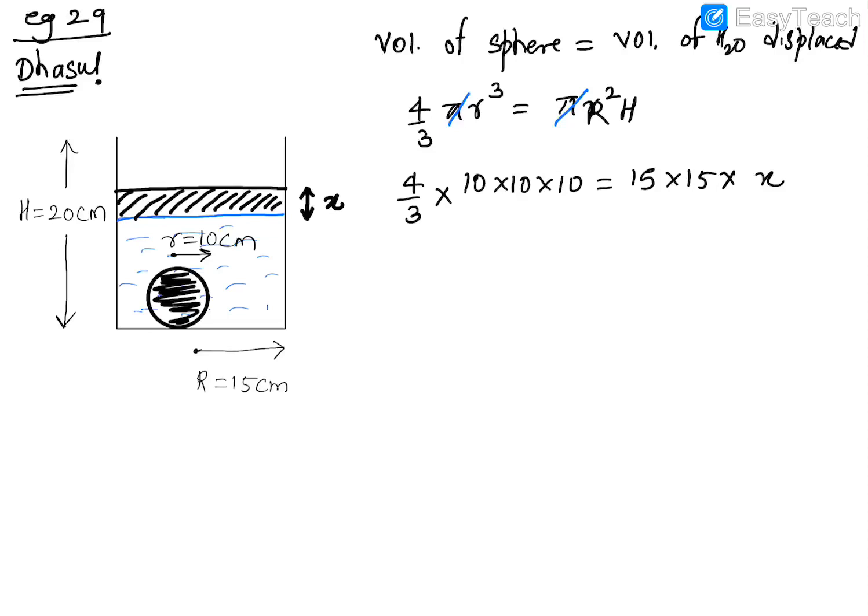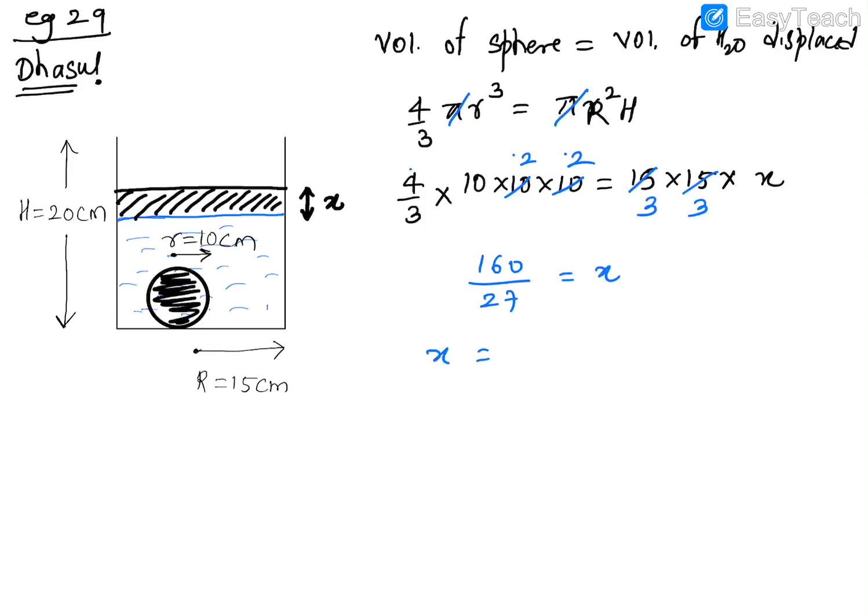So now what we can do is cancel, what we can reduce here. Now we can reduce 15. Okay, we can cancel: 5 3s are 15, 5 2s are 10, so 4 2s are 8, 2 8s are 16, into 10, 160 upon 27, is equal to x.